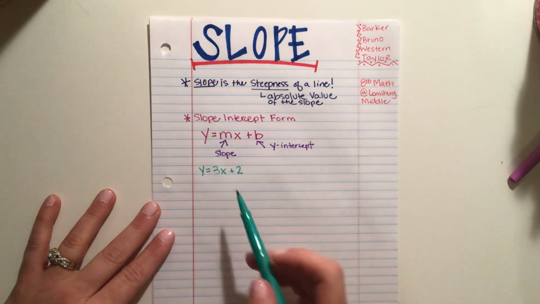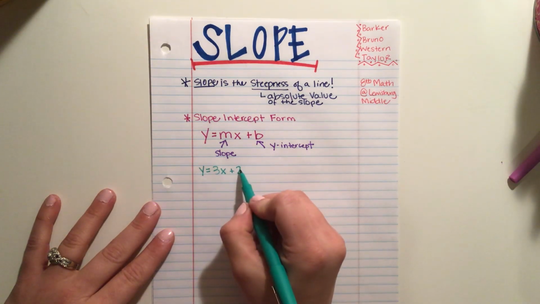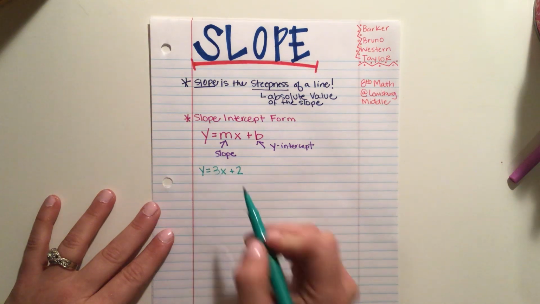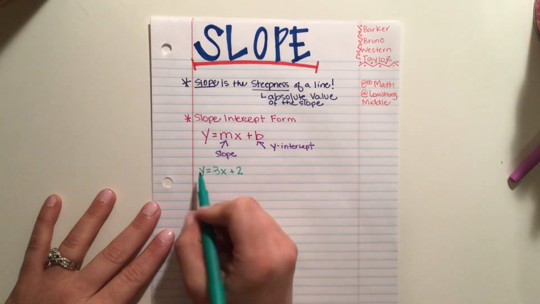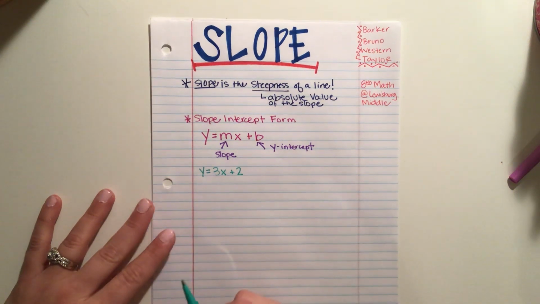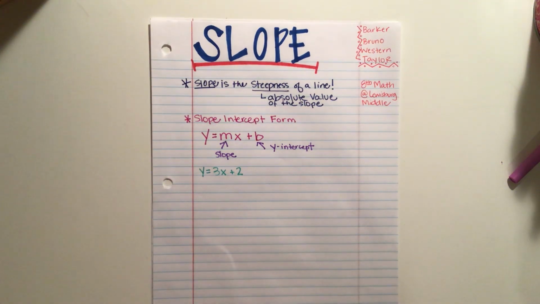My slope is 3, and x and y are variables, which we will talk about in a separate video. So my slope is 3. That means the steepness of this linear equation is 3, every single time this line is growing by 3.